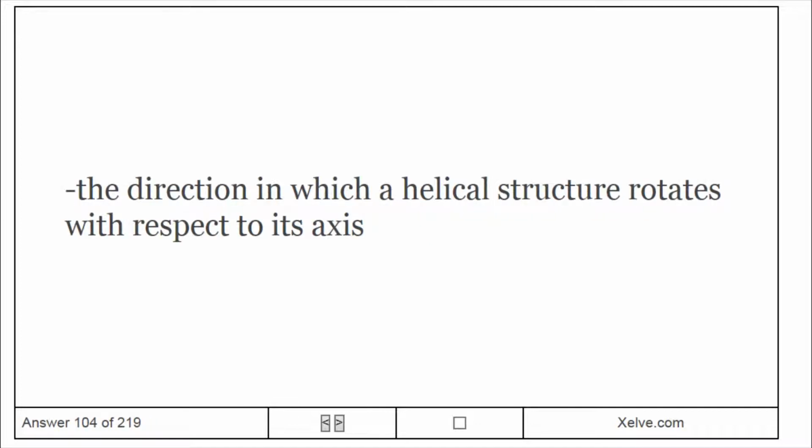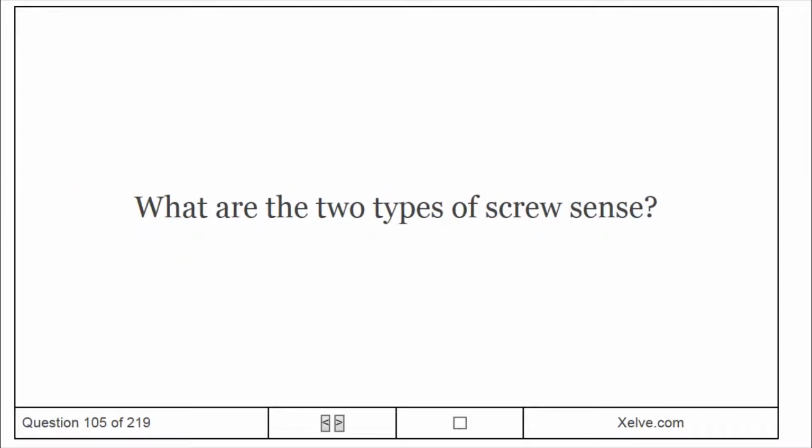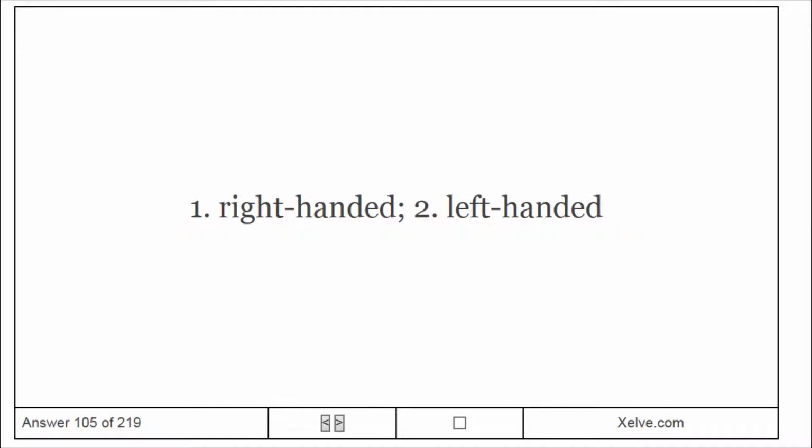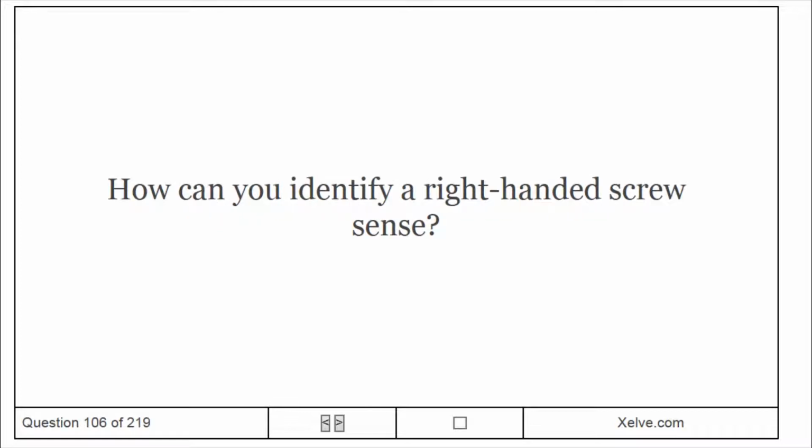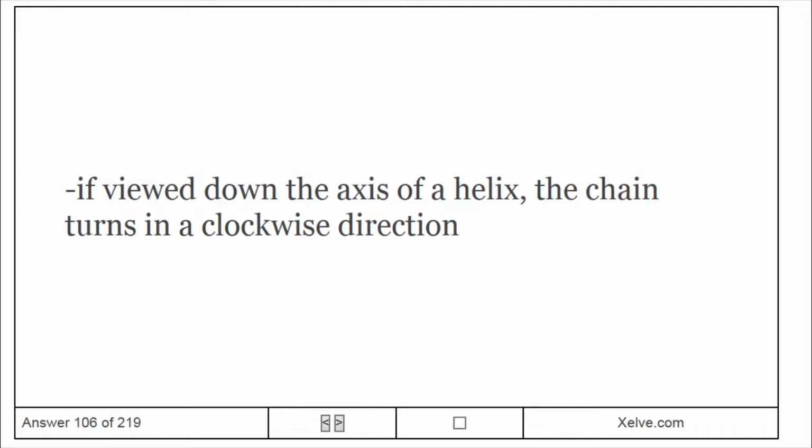What does screw sense refer to? The direction in which a helical structure rotates with respect to its axis. What are the two types of screw sense? One, right-handed, two, left-handed. How can you identify a right-handed screw sense?